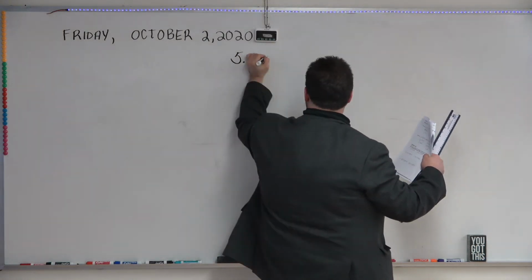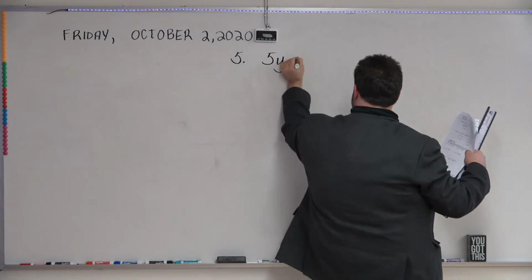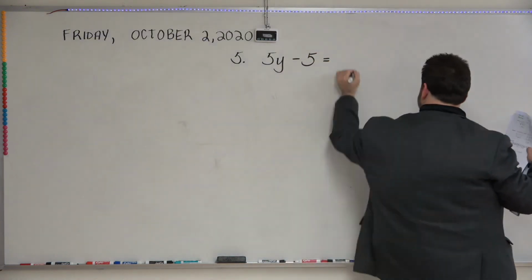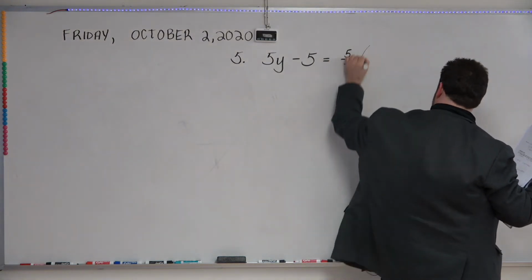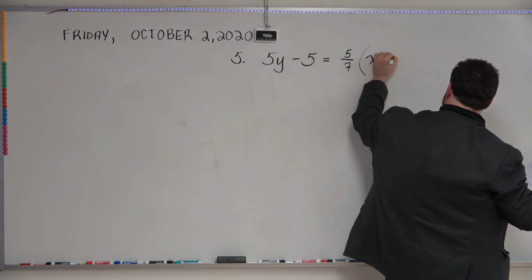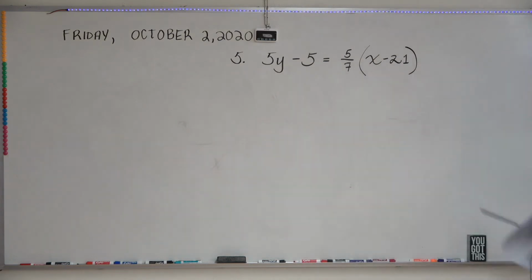There's going to need more room. 5y minus 5 equals 5 over 7, open parentheses, x minus 21, close parentheses.